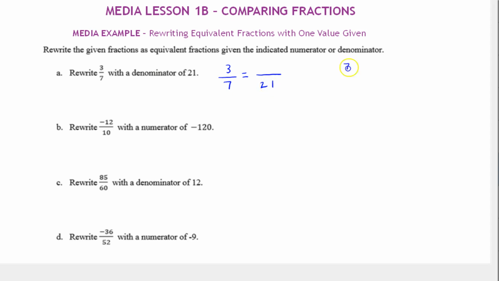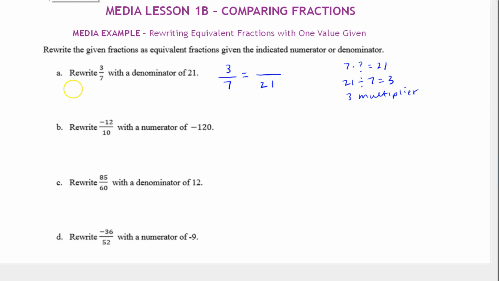So, how many pieces do we have to cut each of the 7 pieces into to get 21? And you may know from your multiplication facts that 7 times 3 is 21, and we could think of this equivalently as 21 divided by 7 equals 3. So in this case, 3 is our multiplier.